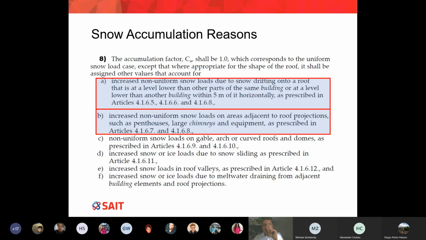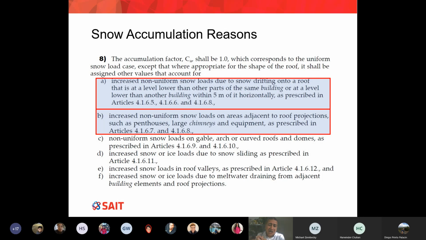One more time. Number 1 is if you have a multi-level roof, a roof where not all of it has the same elevation; the canopy is another example of multi-level. Next is roof projection. Anything that projects up from the roof, like chimneys, penthouses, or mechanical units.